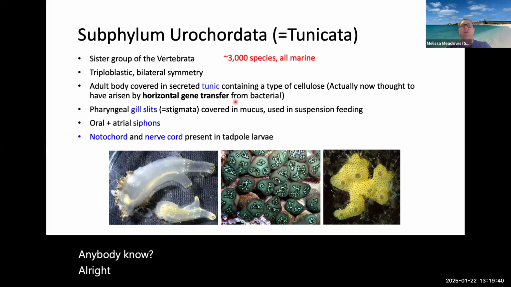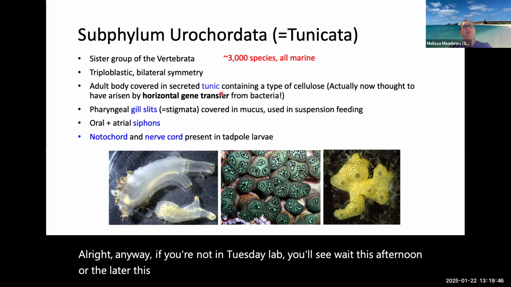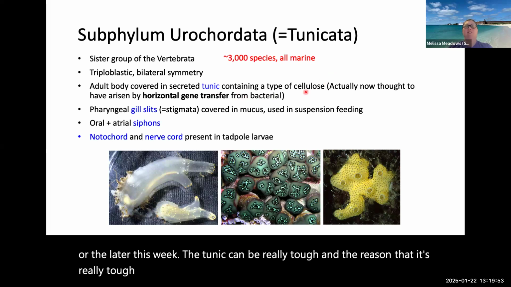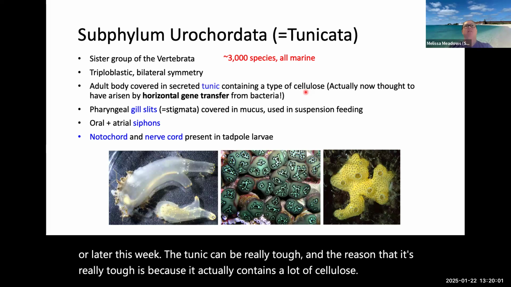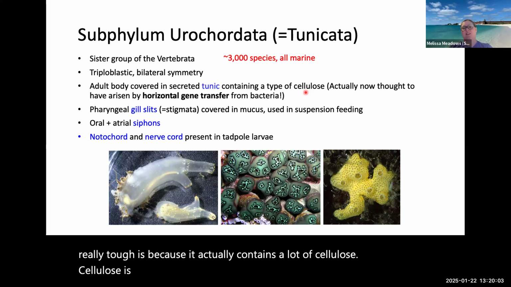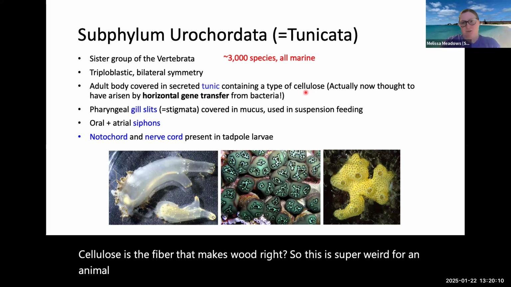Anyway, if you're not in Tuesday lab, you'll see late this afternoon or later this week that the tunic can be really tough. The reason is that it actually contains a lot of cellulose. Cellulose is the fiber that makes wood, right? So this is super weird for an animal to have cellulose.